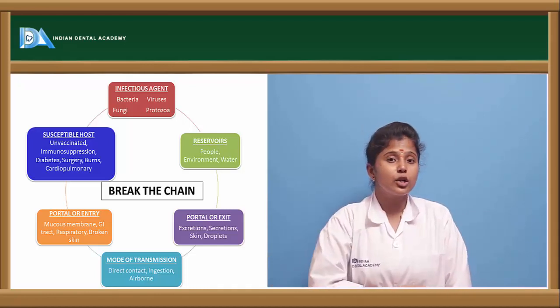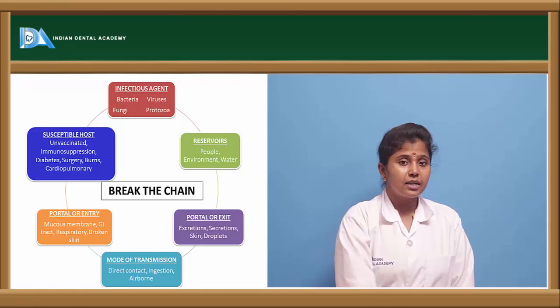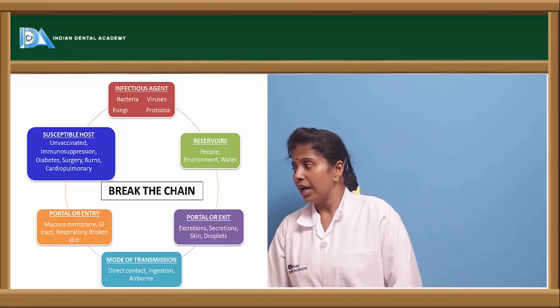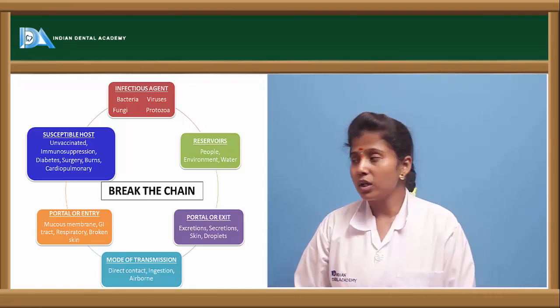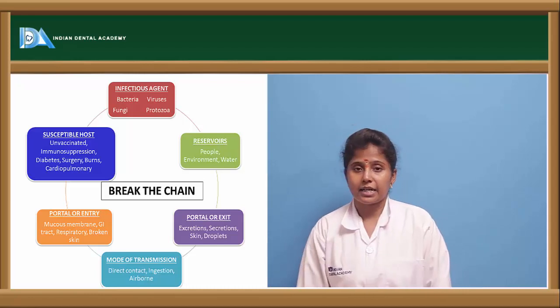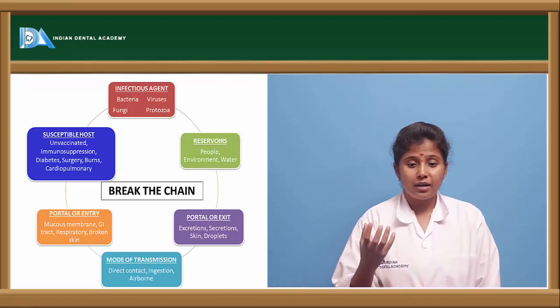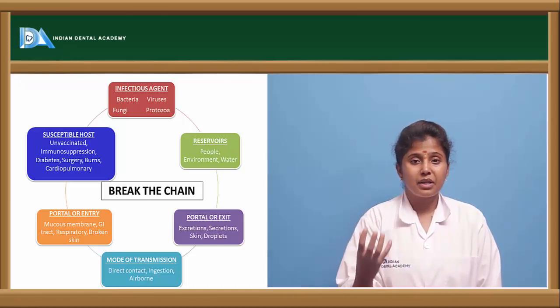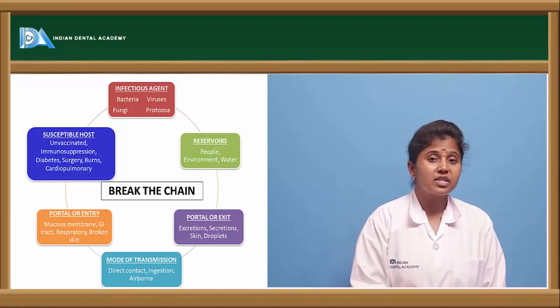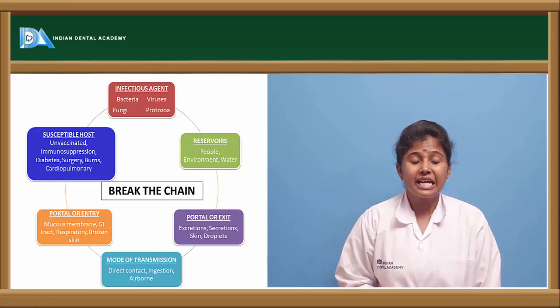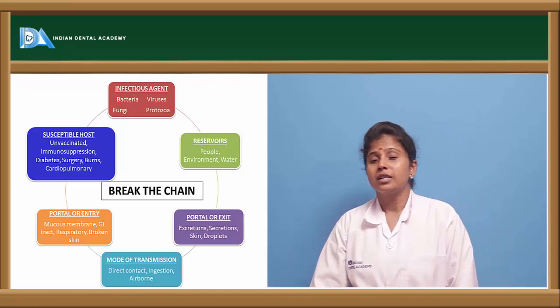The portal of entry into the healthy person is through mucous membrane. If there is any cut or injury on the skin, the microorganism can enter through that cut, or through the respiratory system, broken skin, or GI tract. And from here the microorganism makes this person the host to stay in, and thereby the infection is spread from this person.